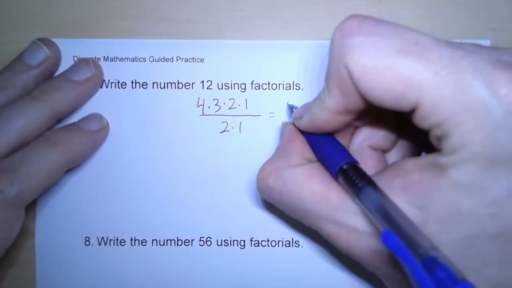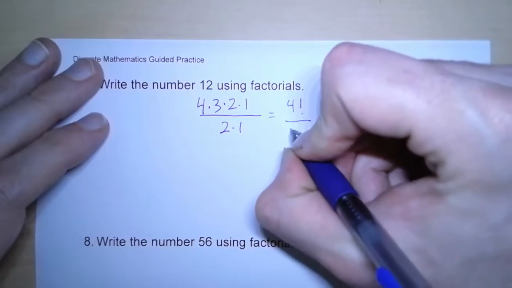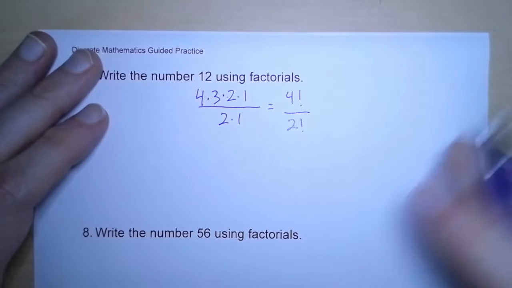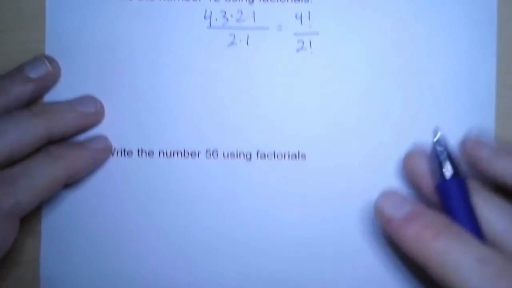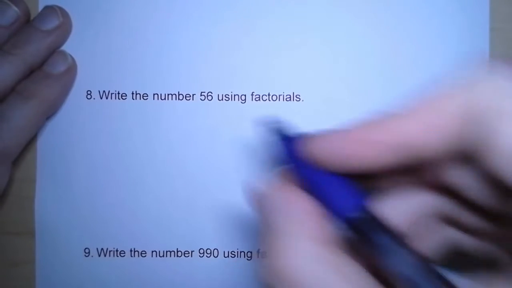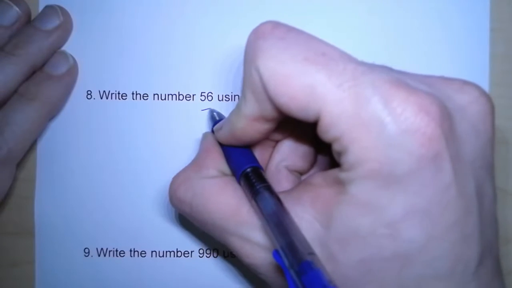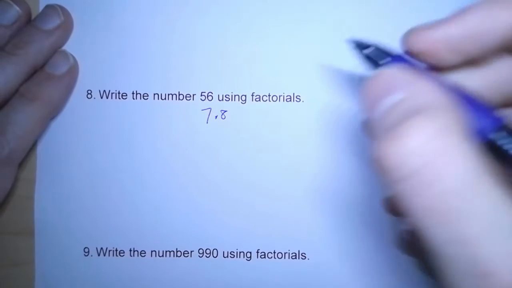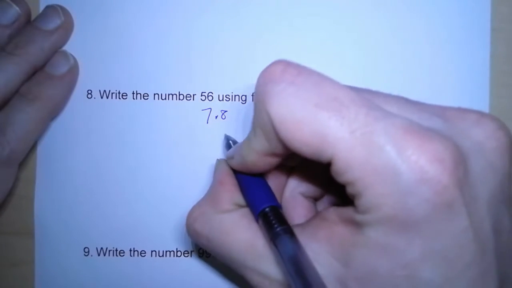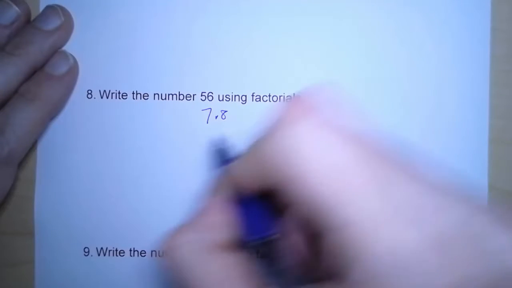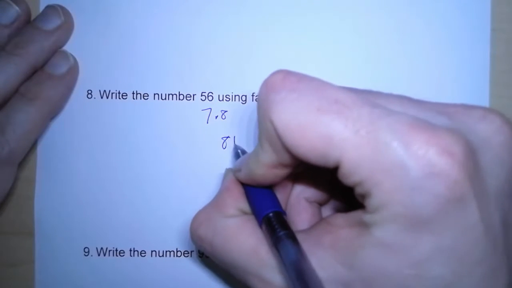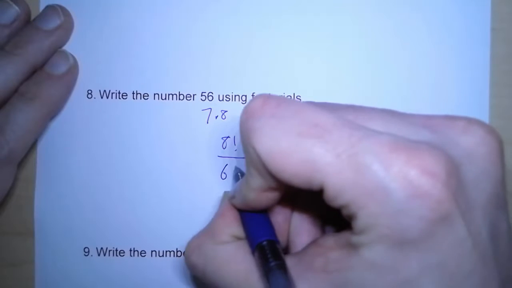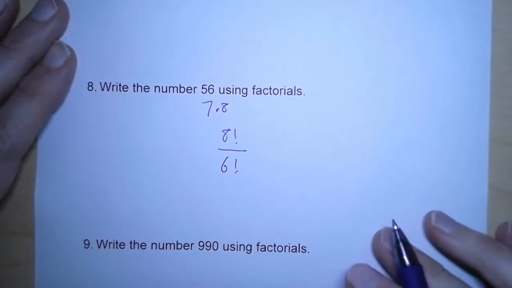So that means this is 4 factorial on top and 2 factorial on the bottom. With number 8, 56 is the same as 7 times 8. So that means 6 and below was canceled out in the denominator. So we have 8 factorial on top, and we have 6 factorial on the bottom.